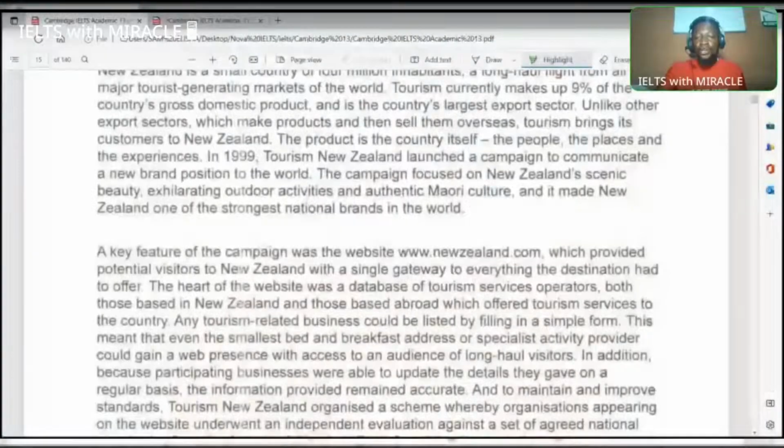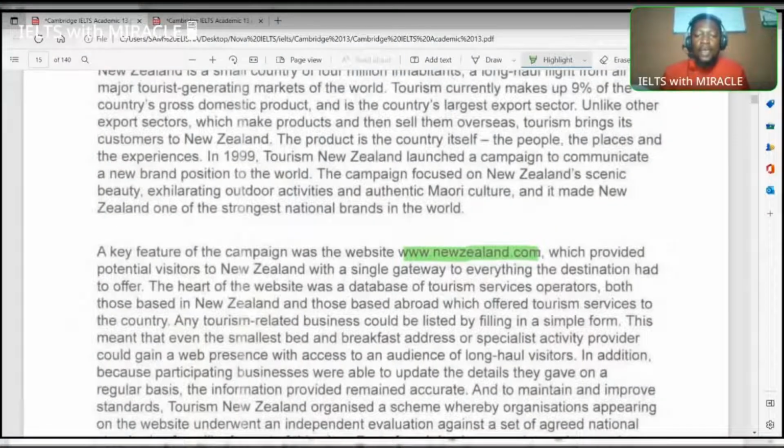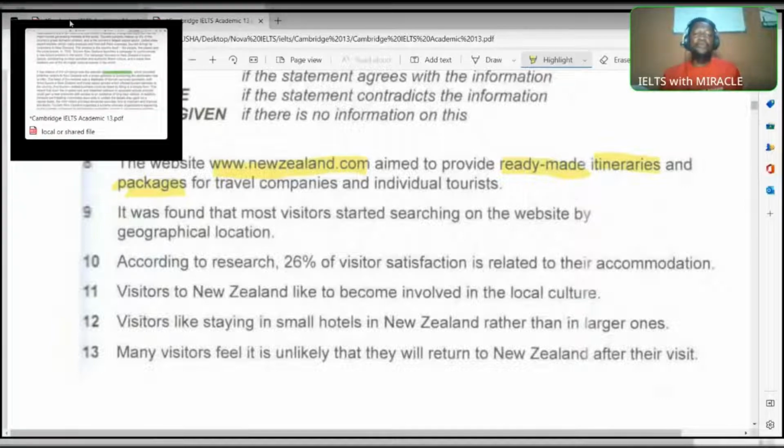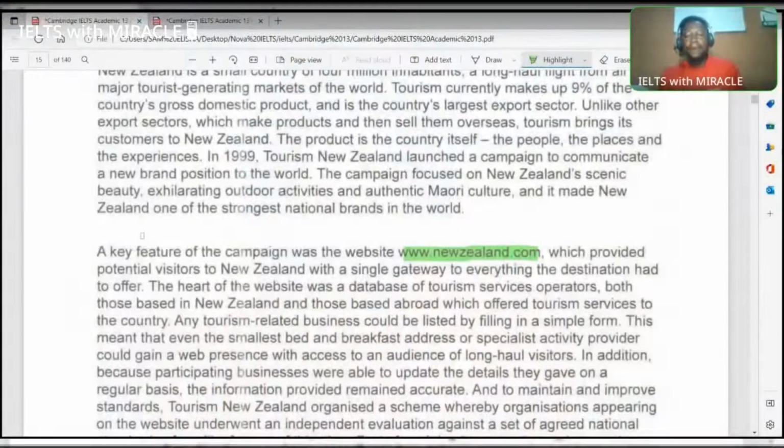www.newzealand.com, right? Now, like I've always said, because we are working with time, remember, the reading is 60 minutes, and it is a timed test. So I'll quickly skim to see if I can find other keywords instead of reading all the way from the first paragraph.